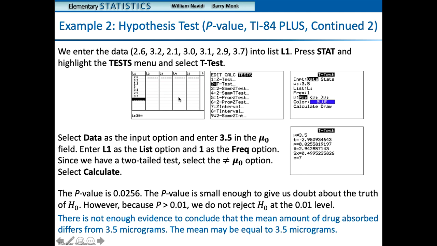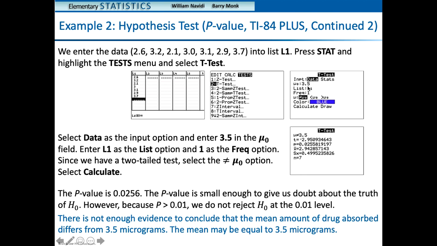And this time, if we are using the calculator, the first thing we need to do is enter your data into the list editor, right? Which again, to do that, you press the stat button and then make sure the word edit is highlighted and press enter. And then you just type your 7 numbers into L1. After the numbers have been entered into L1, you press the stat button again, highlight the word tests, and then choose t-test.